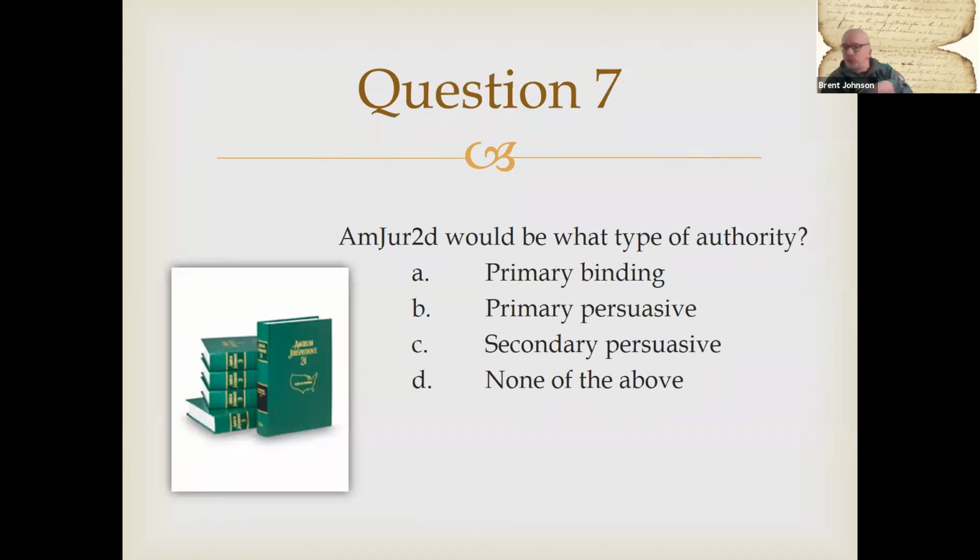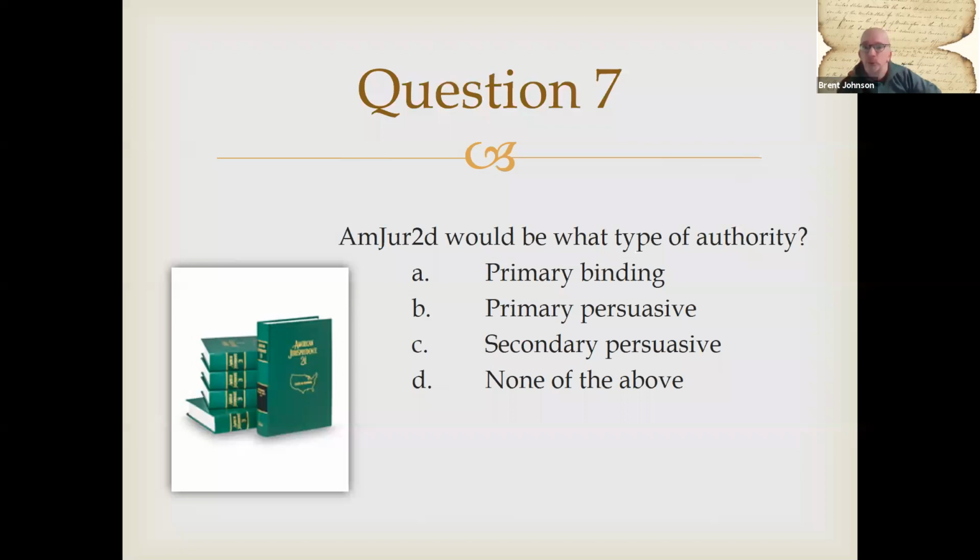So now some questions about legal authority. American jurisprudence second would be what type of authority? Do we know what American jurisprudence is? Carrie? It's a secondary persuasive. Secondary persuasive, absolutely. American jurisprudence is one of the two main national legal encyclopedias.